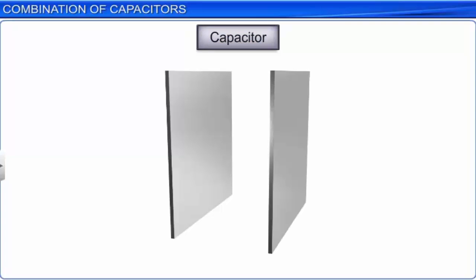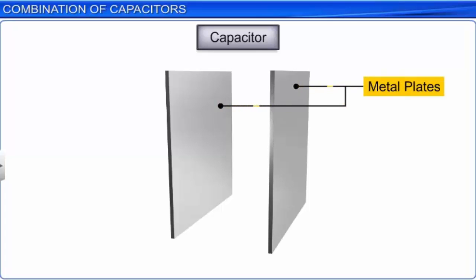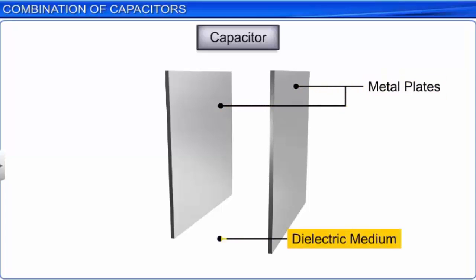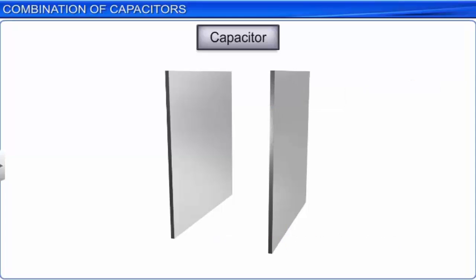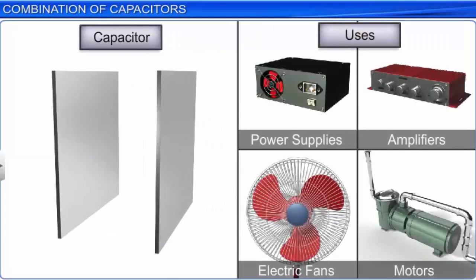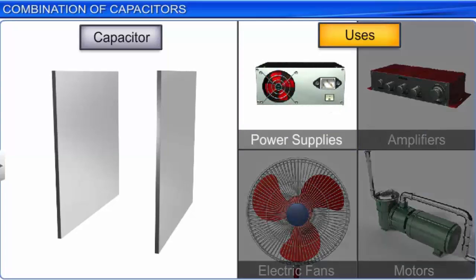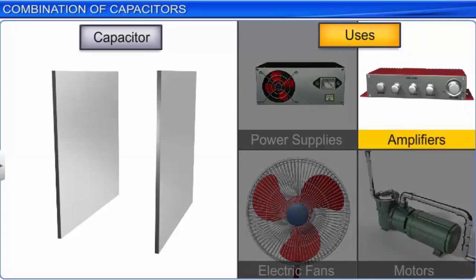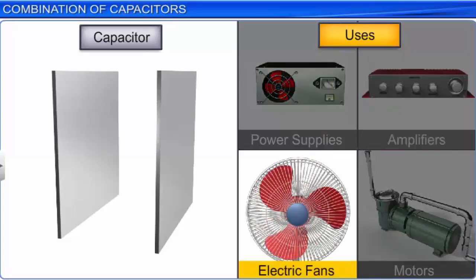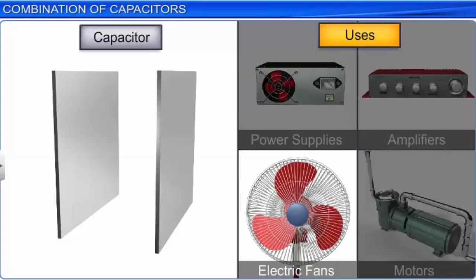It, in general, consists of two metallic plates, separated and insulated from each other by a dielectric medium. Capacitors having different values of capacitances are used in power supplies, amplifiers, electric fans, motors, etc.